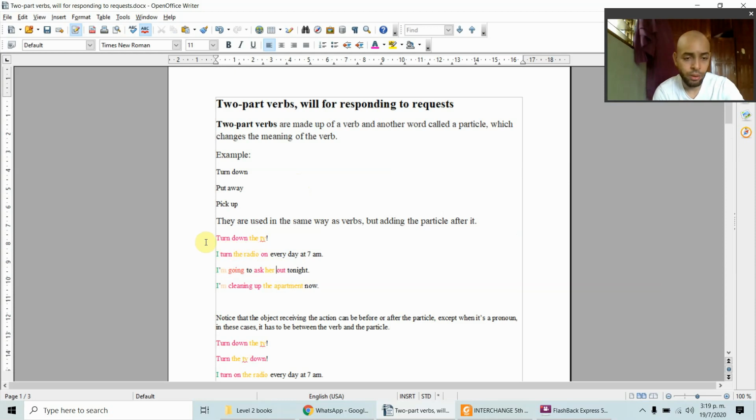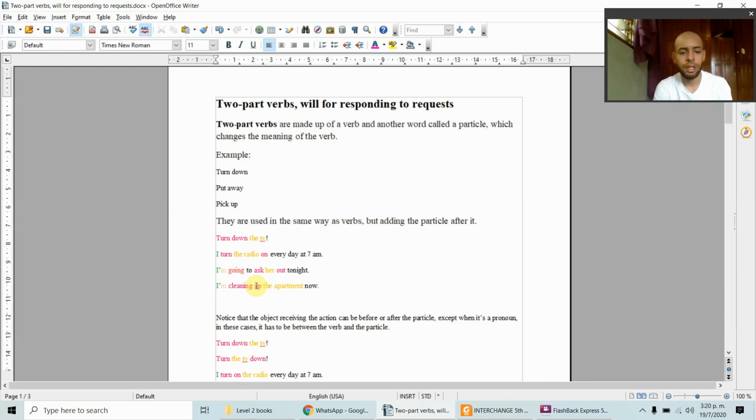So let's take a look at them once again. Turn down the TV. I turn the radio on every day at 7 a.m. I'm going to ask her out tonight. I'm cleaning up the apartment now. So notice that the verbs you use can be used as in any other tense in English.